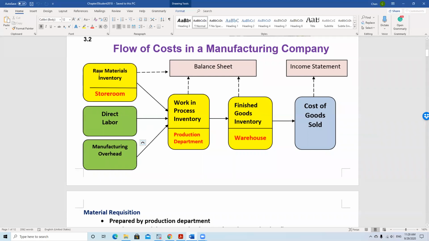And for each job, it's easy to record raw material, like how much metal you use to produce the car, and it's also very straightforward to record direct labor, like how many workers were working on this project, how many hours they worked, and what their hourly rate is, and you can easily get direct labor. And the most complicated is actually the manufacturing overhead, which we are going to do a lot during this chapter as well as for your first project.